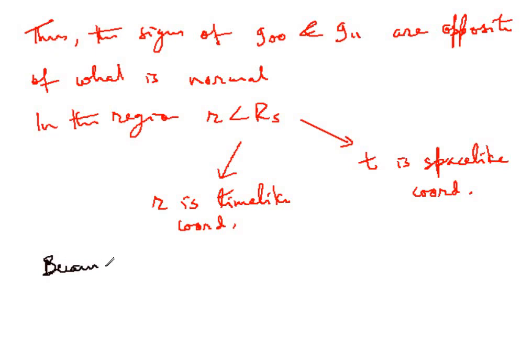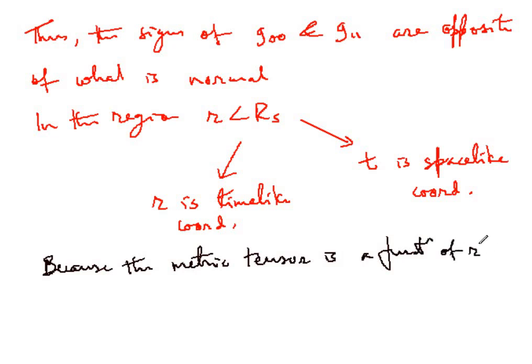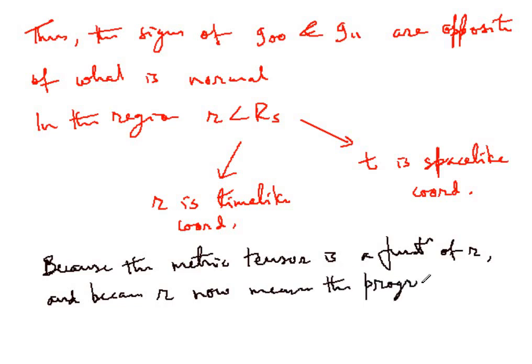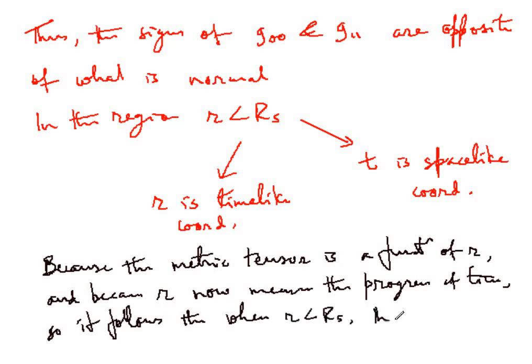So, because the metric tensor is a function of R, and because R now measures the progress of time, it follows that when R is less than Rs, then the metric tensor is actually time dependent.